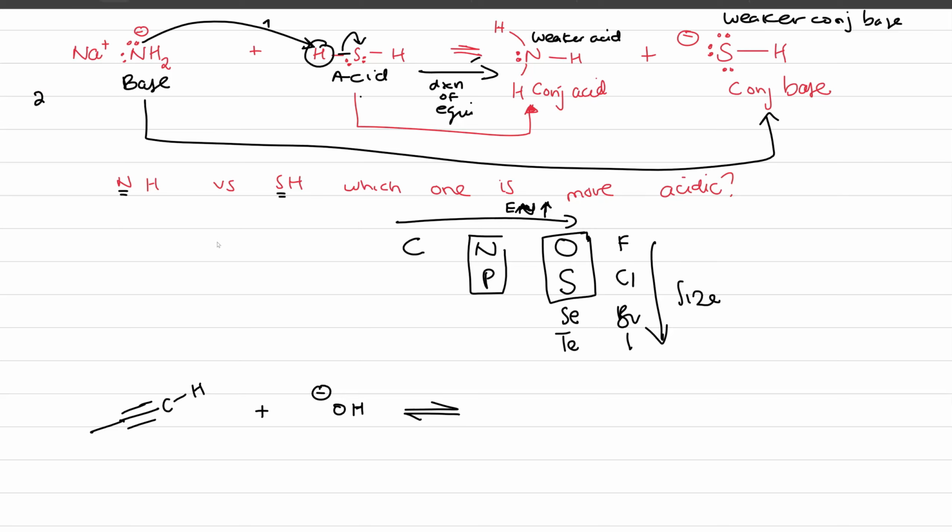Yeah, I think. I just know that in Oreo, sp orbitals are the most acidic. You're right. And you can use your cheat sheet to say, oh, I have a negative charge, so this must be a base.